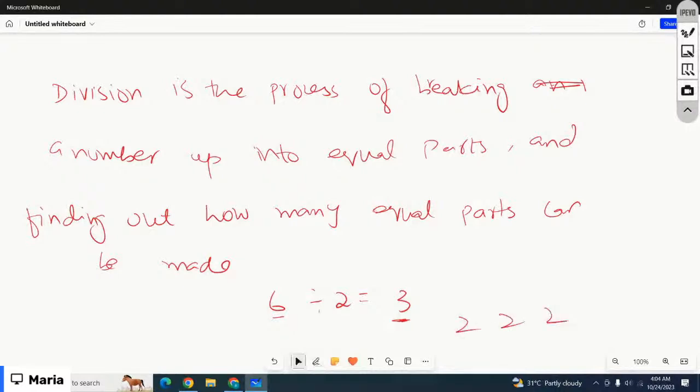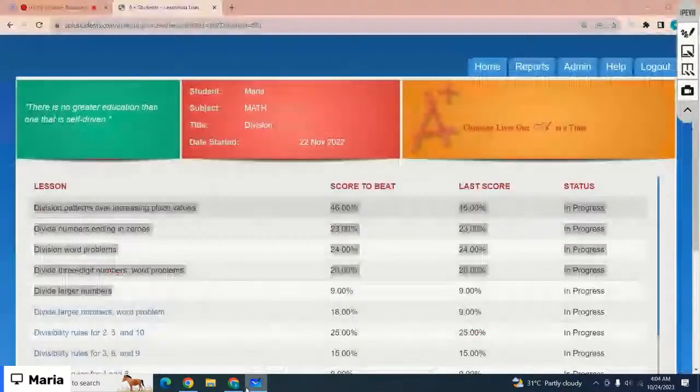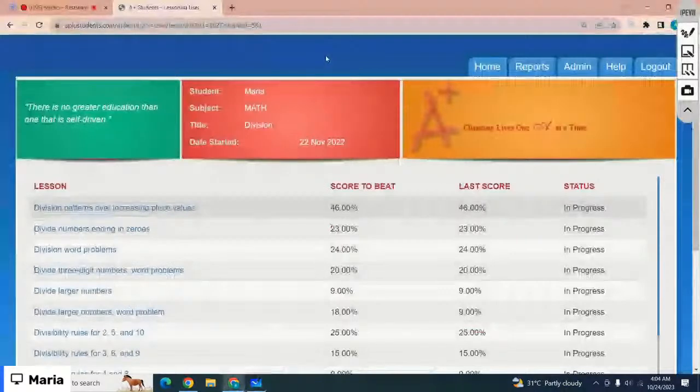That is the division of 6. You can divide 6 into 3 equal parts, right? That is division. Let's start with the practice questions. Basically, multiplication and division are opposite to each other, right?